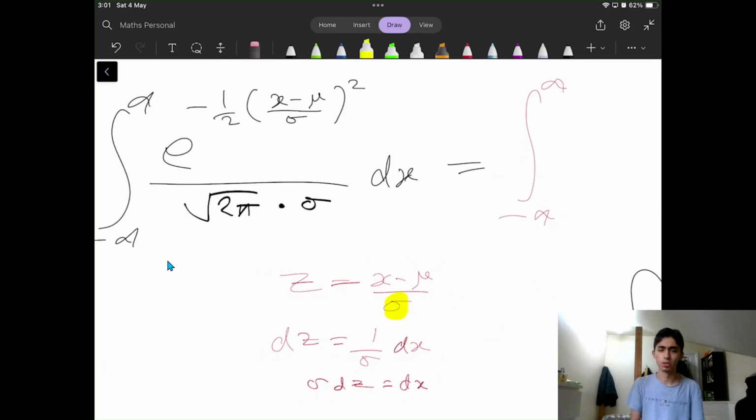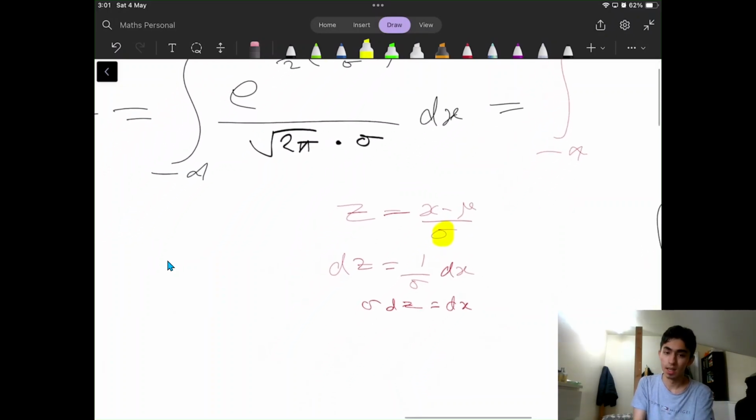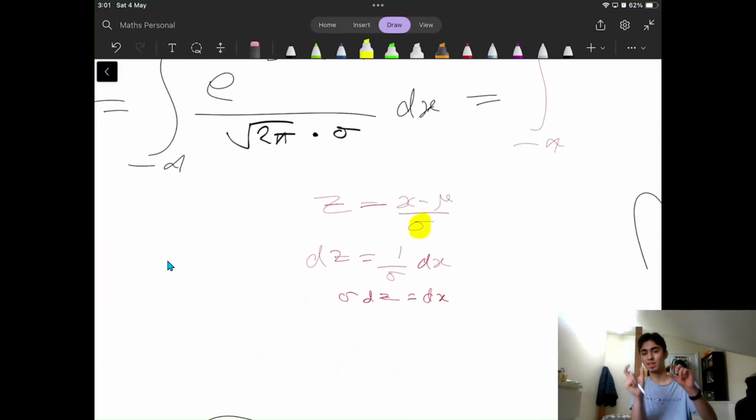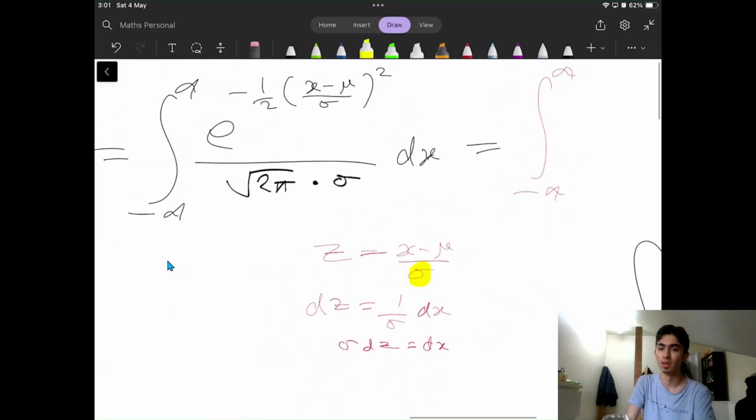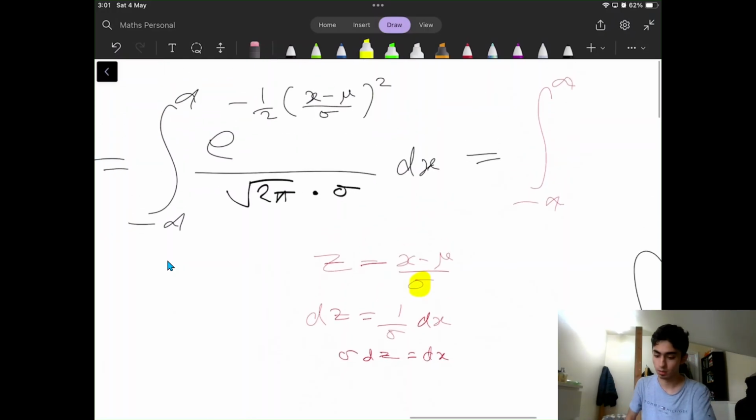That's just a positive value. So in z = (x minus mu) over sigma, the sigma is always positive. So z and x minus mu are directly proportional to each other with a positive proportion, which means that the bounds of integration must not change.